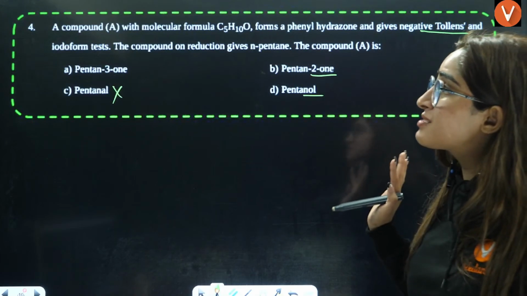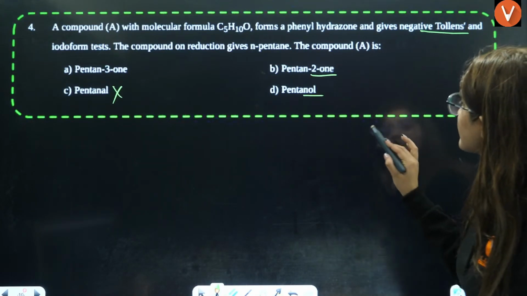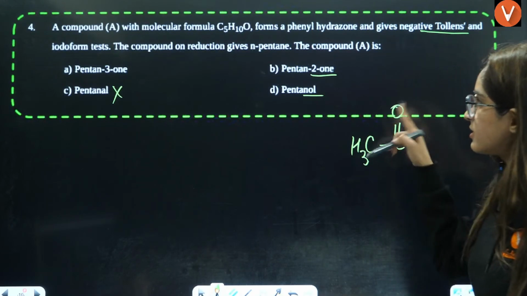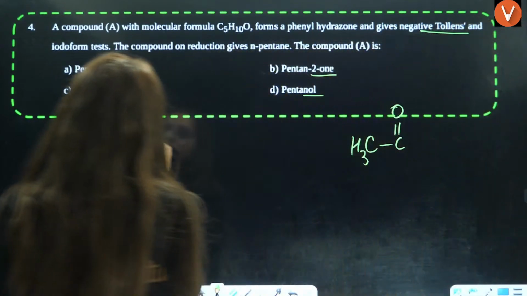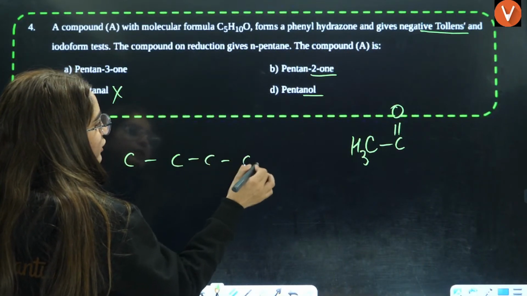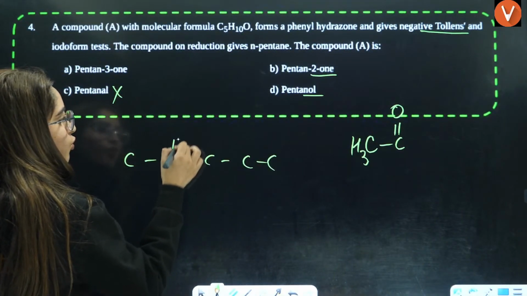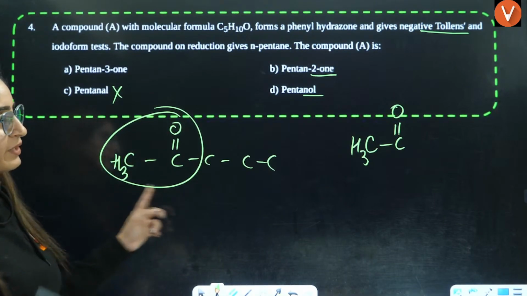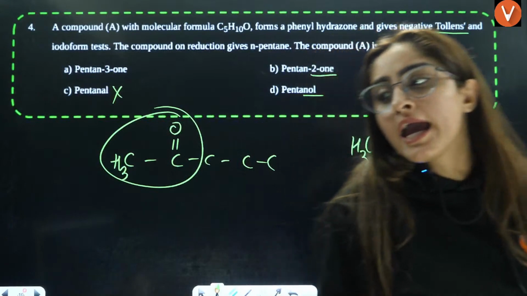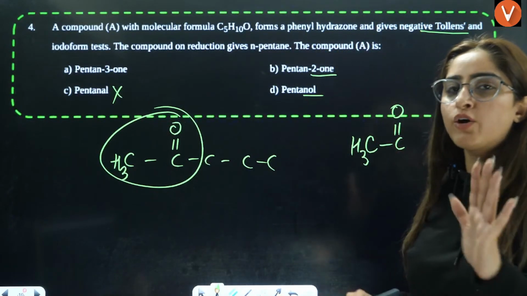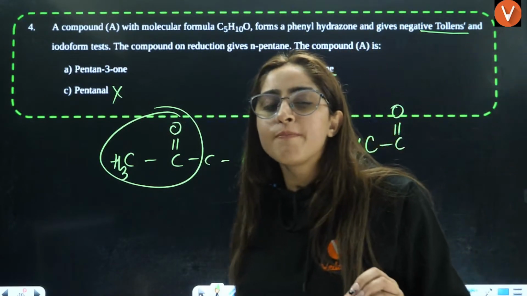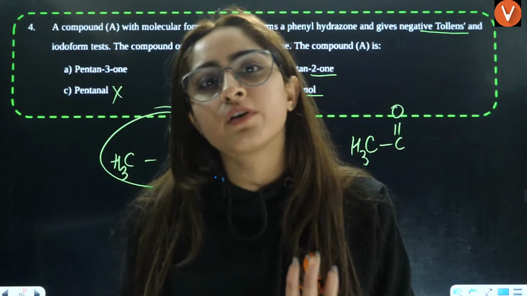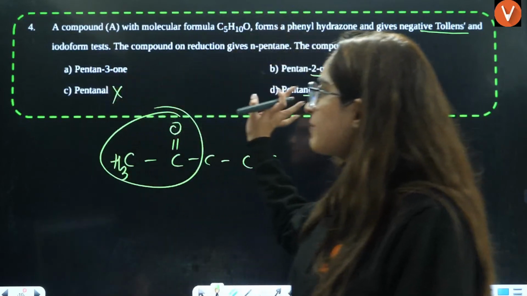It is also giving a negative iodoform test, right? That means this group should not be there. If you talk about pentan-2-one, it has CH3, C double bond O. If it is giving positive, look, beta. The Tollens test is not given by ketones, so that means it can be a ketone.